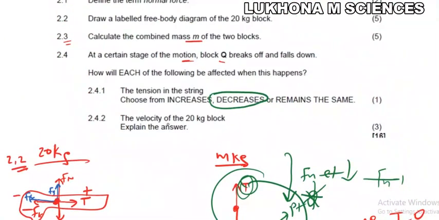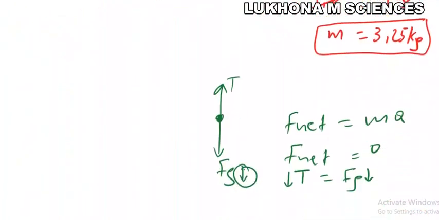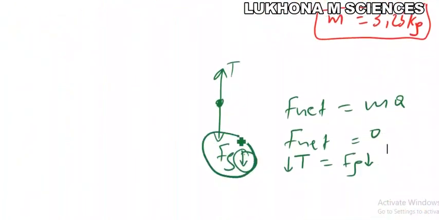Then let's come to the velocity. If Q is removed, what will happen to the velocity? If you decrease Fg, if the downward force decreases, the net force decreases.